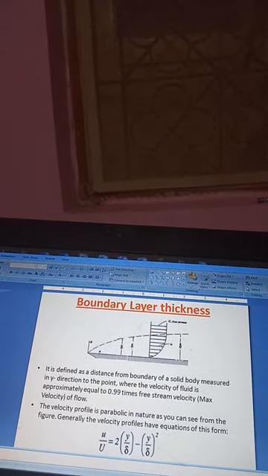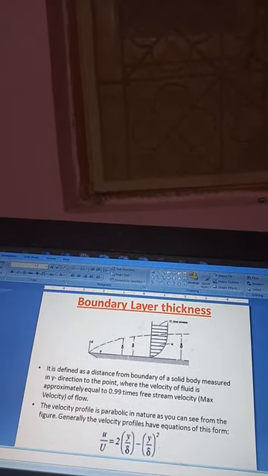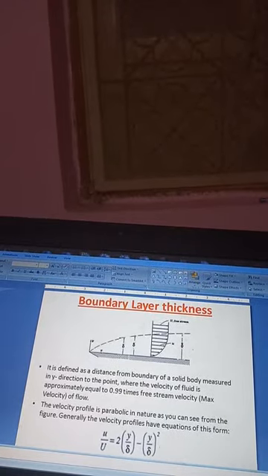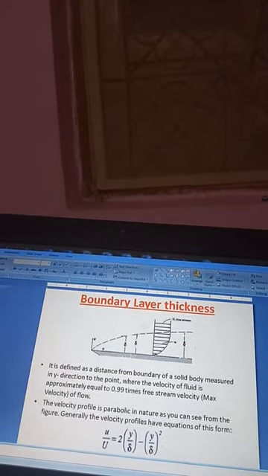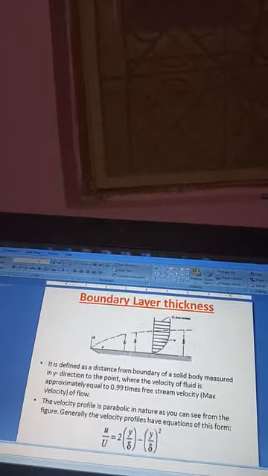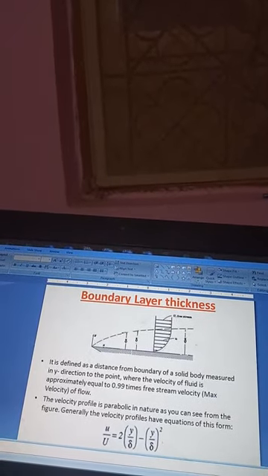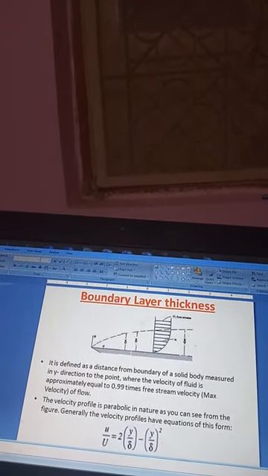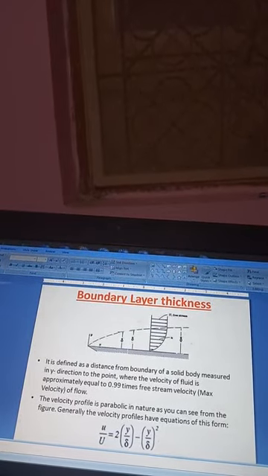So in the figure, delta represents the boundary layer thickness, and as you see, this boundary layer thickness is a function of x. So as x goes on increasing in the horizontal direction, as you go along the length of the plate, the boundary layer thickness also goes on increasing.